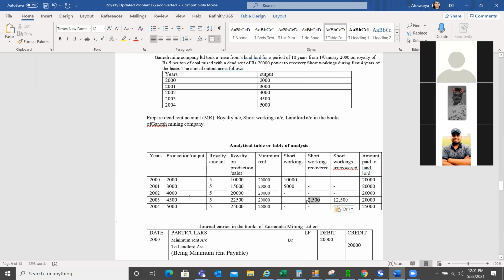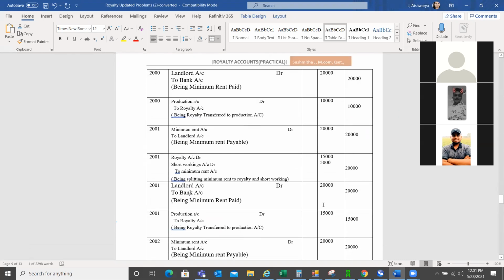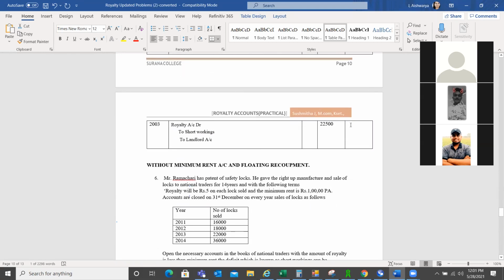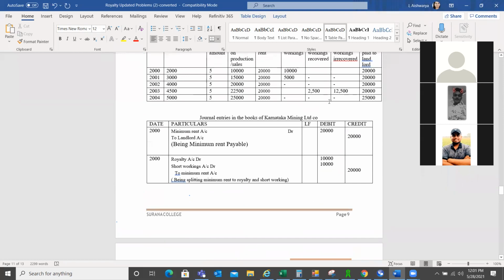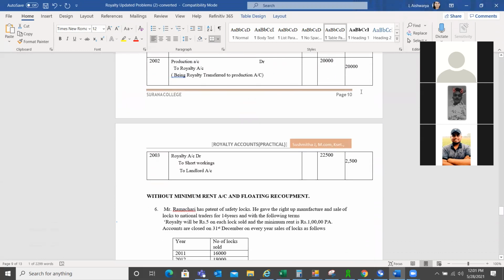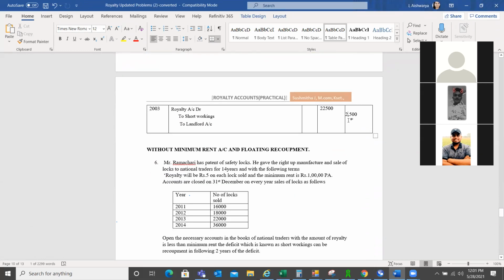Yes, we have recovered 2,500. And how much have we paid to the landlord? 20,000. Yes, good. So in 2003 we have made a payment of 20,000. That is actually a payable. Okay, not paid, it's a payable.